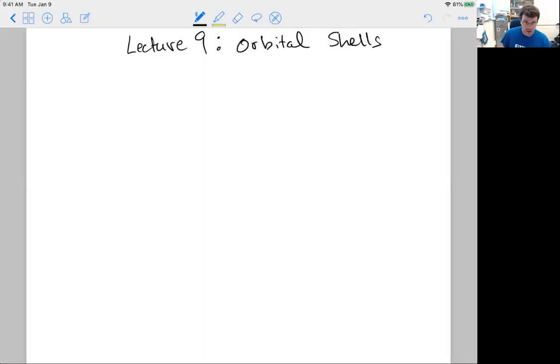So the first thing we want to look at is what's called orbital shells, or shells of orbitals. If we take a look at the nucleus, which is this little dot, it has a low volume and it is highly massive.